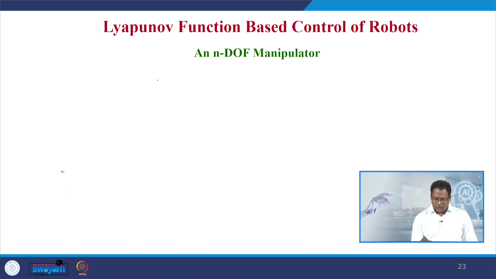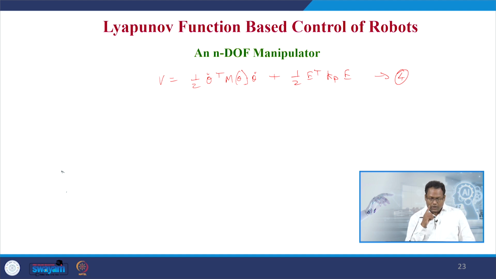Having chosen the Lyapunov function candidate as V equal to 1 by 2 theta dot transpose M of theta into theta dot plus half E transpose Kp into E, that is equation number 4. Let us consider this as the Lyapunov function candidate, where the first term has the system parameters, which involve the inertia matrix, and the second term has the error parameters.